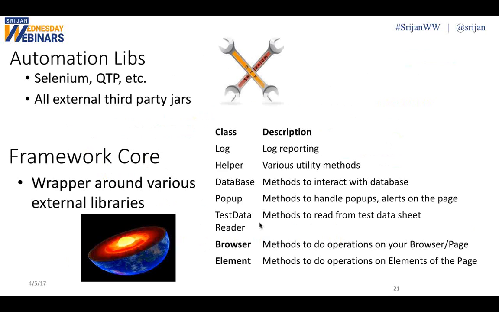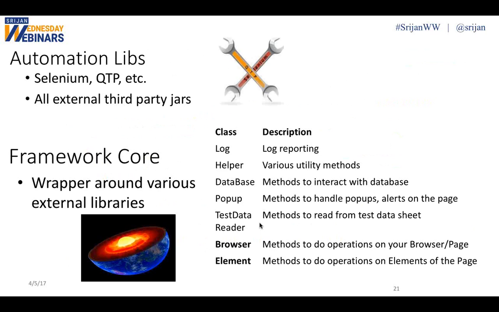Behind the scenes, it can use the Selenium library or QTP library or whatever. Similarly, the browser class can have wait for page load, refresh the browser, navigate to a particular page, things like that. So all those actions on the browser, and you just have an interface in the framework core layer to interact with the automation libraries. What this helps is that you abstract out the automation libraries.